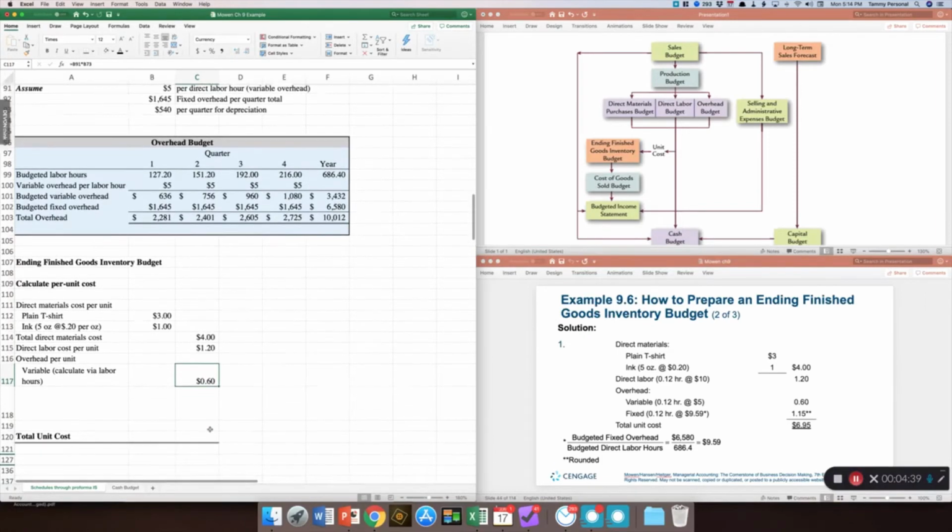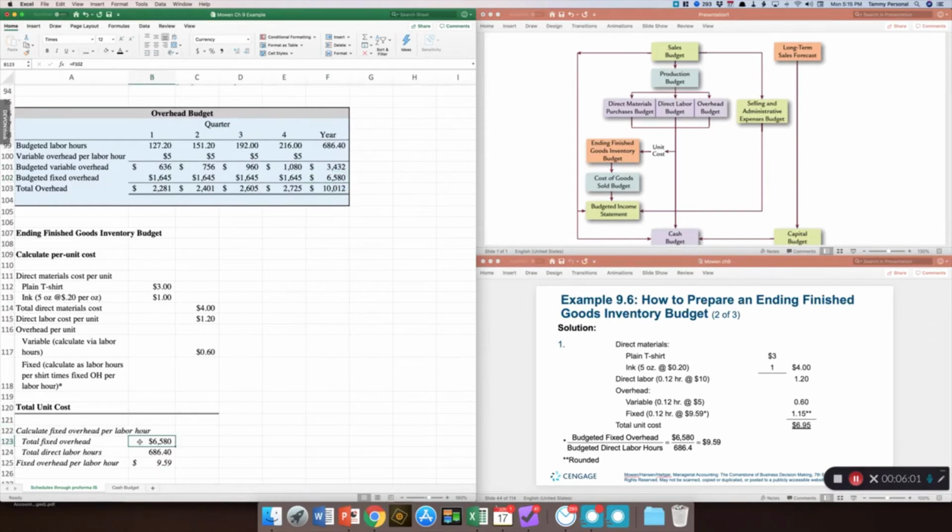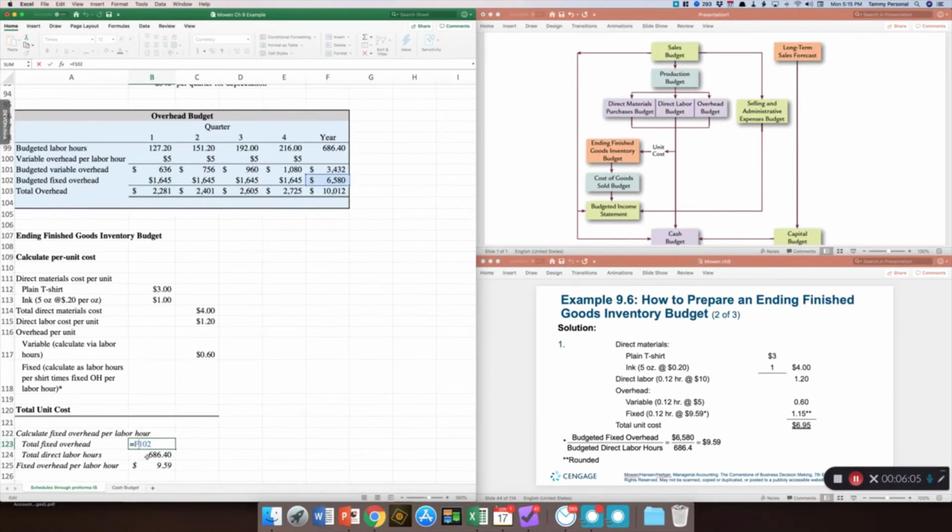But then our fixed overhead per unit is a little complicated to figure out, right? Because we have a total fixed overhead of $6,580. So that's our total for the year. And we know that we're going to have a total fixed overhead of 6,580, which we picked up here, right?